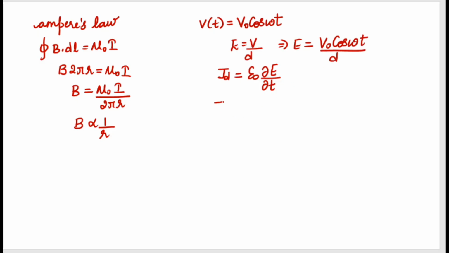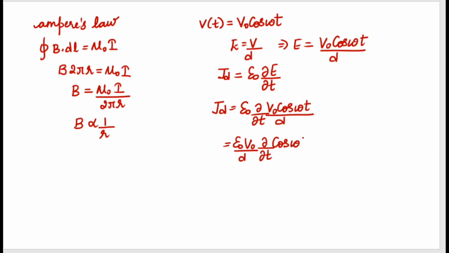Now substitute here: JD is equal to epsilon naught dou divided by dou t of V naught cos of omega t divided by d. Now V naught is a constant and d is a constant. Yes. Now taking epsilon naught V naught divided by d out of the partial derivative, what is inside? So dou divided by dou t of cos of omega t.